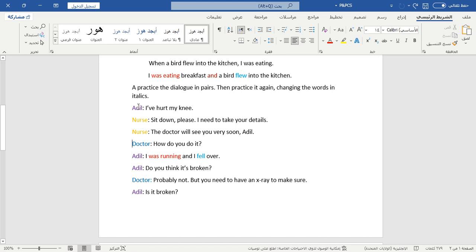So this conversation or dialogue starts with Adel. Adel is a patient in the hospital, talking with the nurse and the doctor. He said, I've hurt my knee. I've hurt. What does it mean? It means I have.